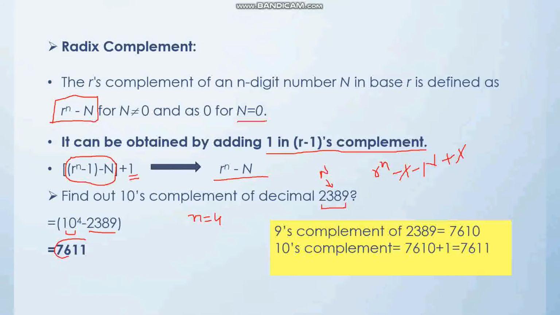This is our answer. Can we solve it by using the 9's complement, then adding 1 to the 9's complement? Once we calculate the 9's complement of 2389, we get 7610. And when we add 1 to this 9's complement, we get the 10's complement, 7611. So you can solve it in either way.